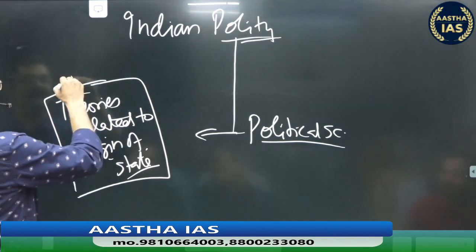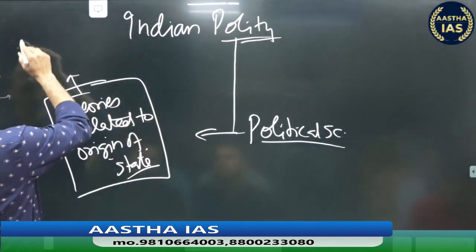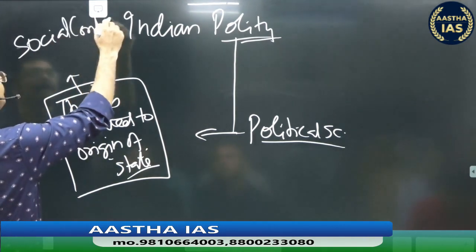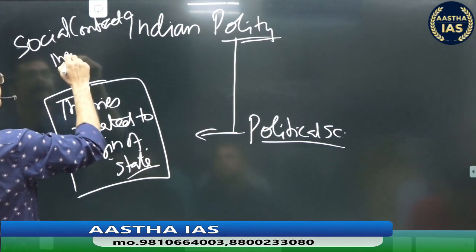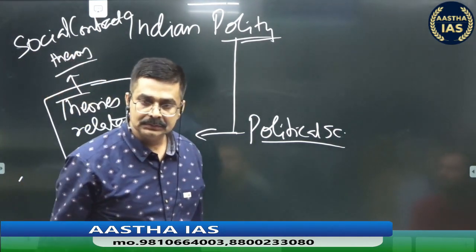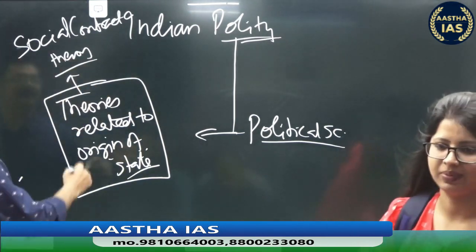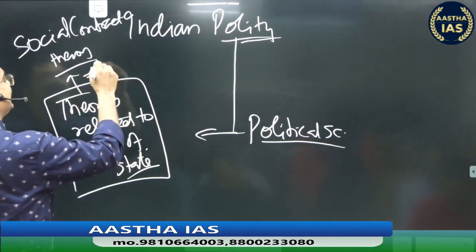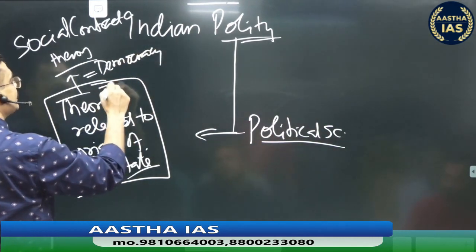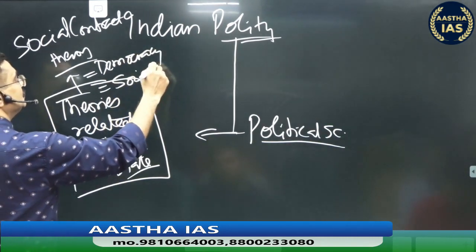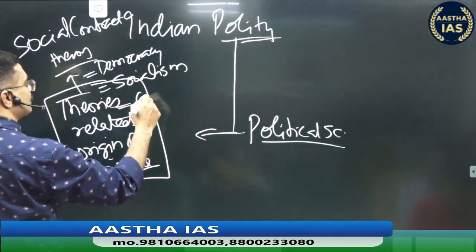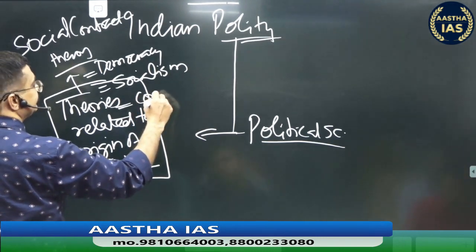Like in the course of this we study, say, the social contract theory. Hobbes, Locke, Rousseau are the scholars who have proposed it. We find there is democracy, there is socialism, there is communism.